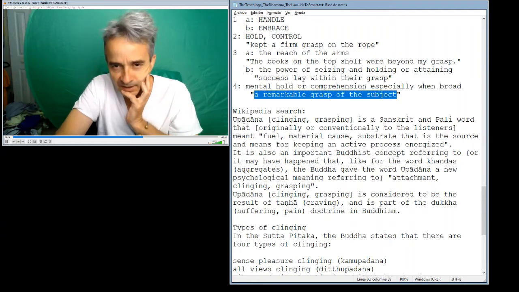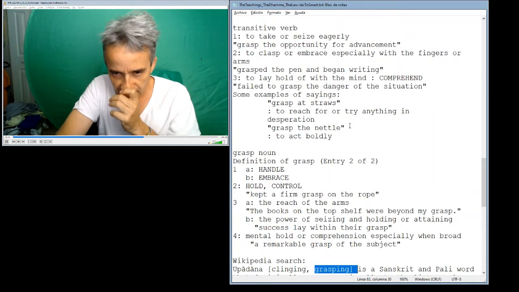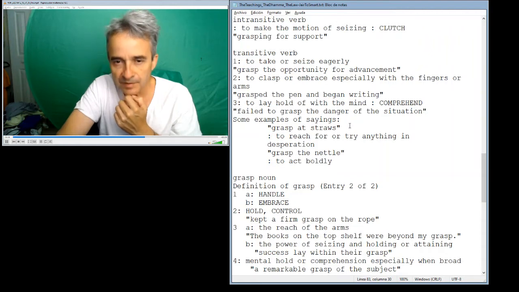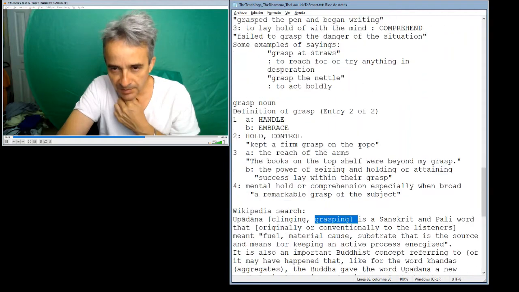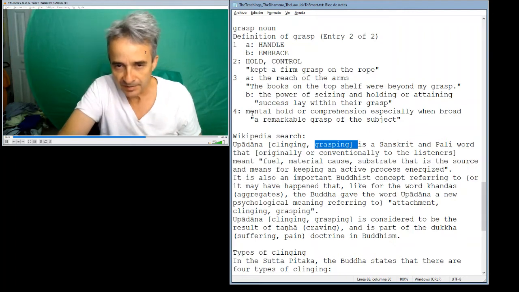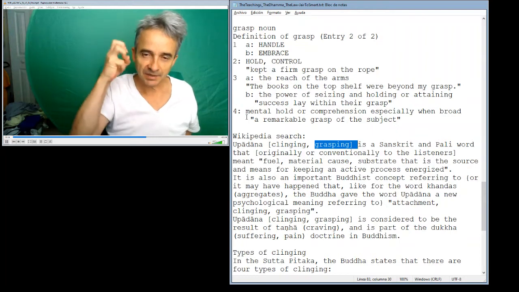But I guess in our case we want a verb, don't we? Which one would it be? To make a motion of seizing, grasping, seizing. In this case we're mentally grasping.